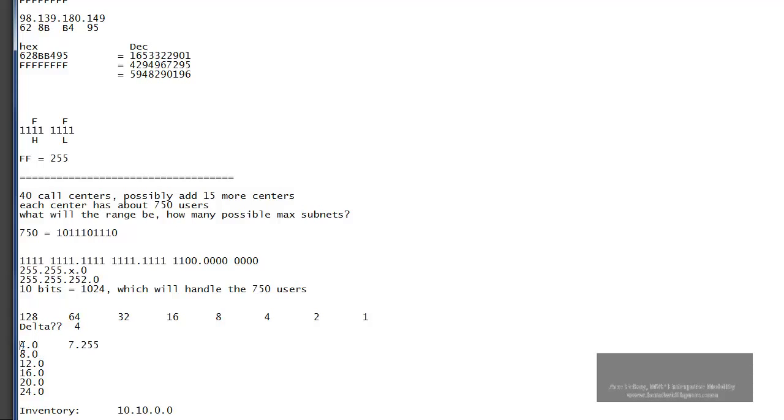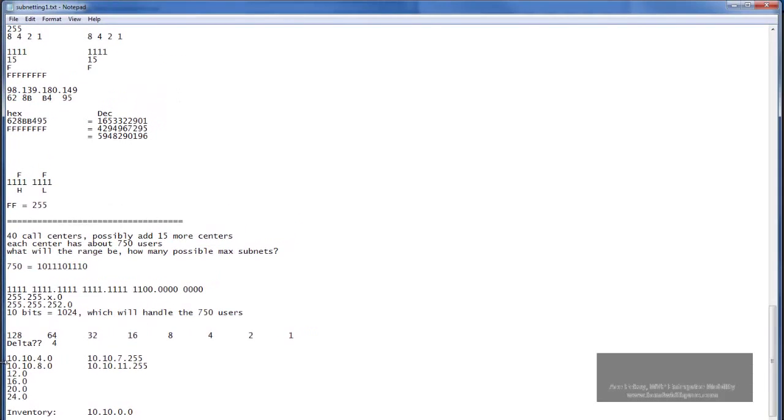So let's take this and expand it. 10.10.4 to 10.10.7.255. So back home, 10.10.8.0 to 10.10. Guess what it's going to be? 11.255. You see the pattern emerging?